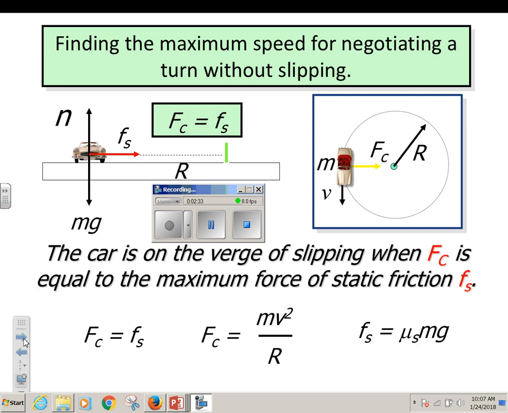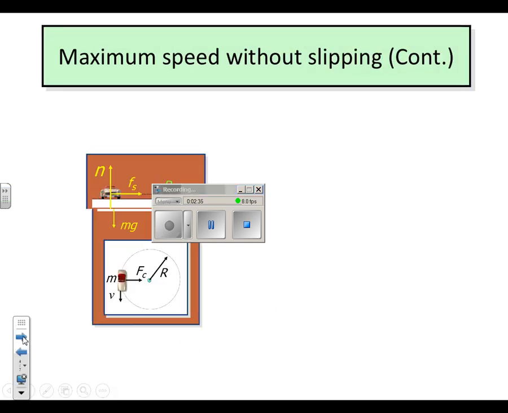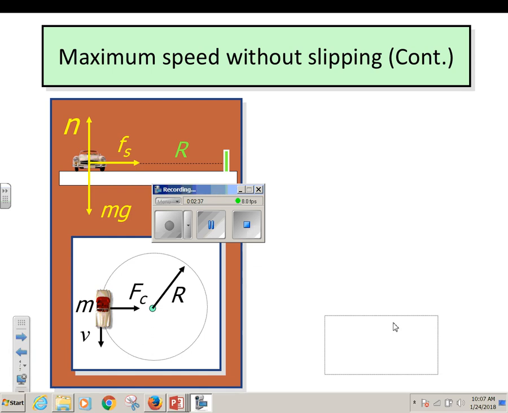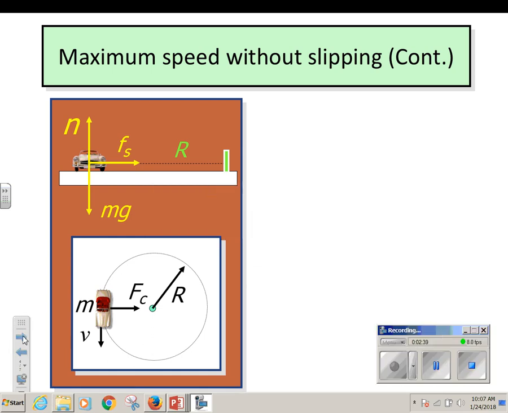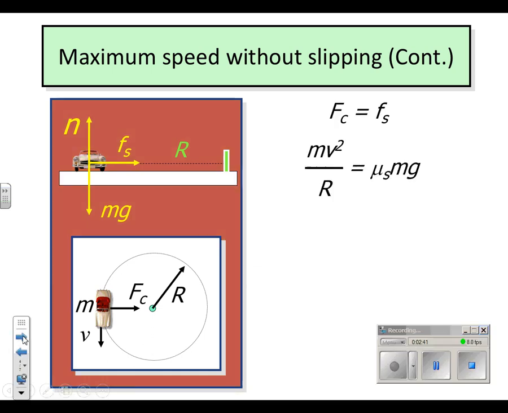So we can then take those two formulas and set them equal to each other. So again, if we do that, then our formula will look like mv squared over r equaling our coefficient of static friction multiplied by our mass times g. Well, we have mass on both sides, so we're going to be able to cancel that out. And so if we want to find velocity, remember we're looking for the maximum speed, then we want to solve for v.